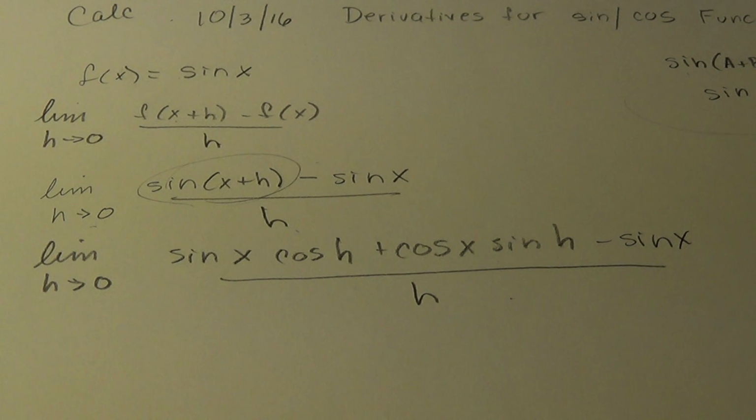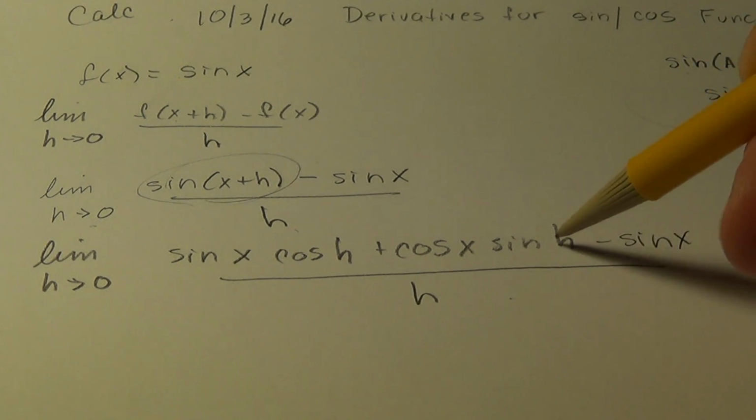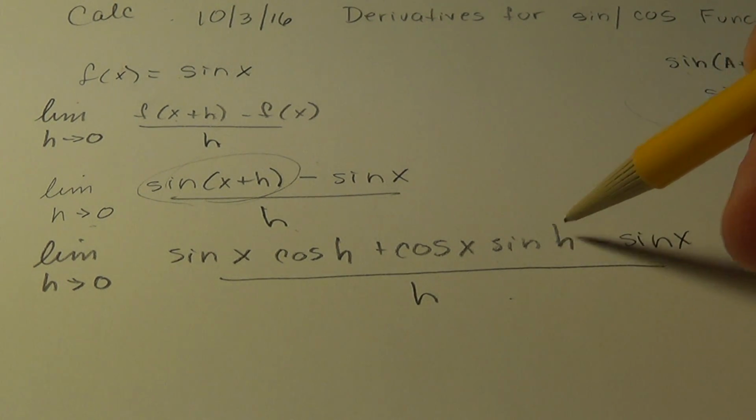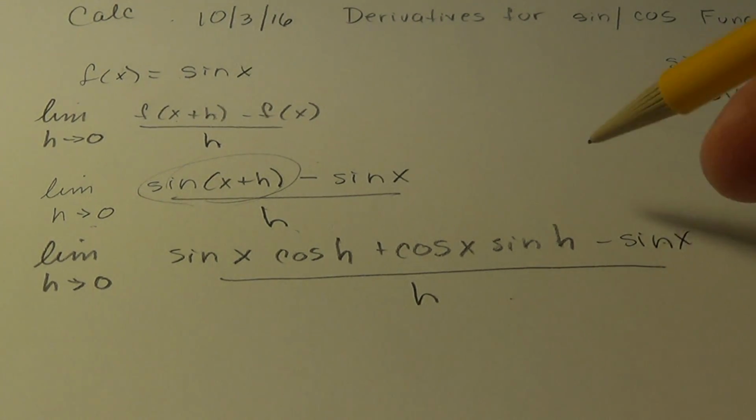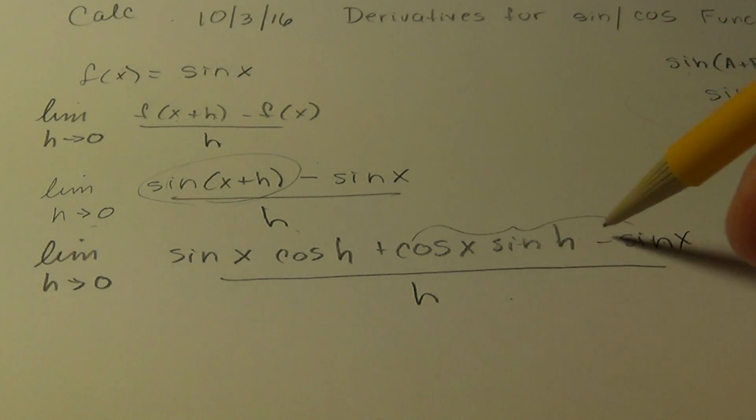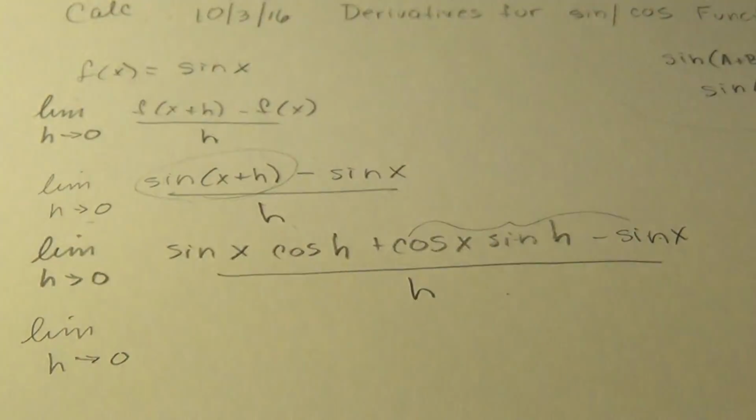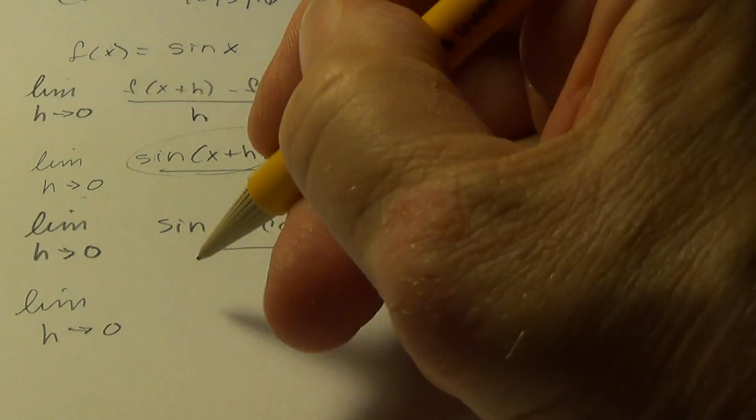Alright, so let's group some of these together. How shall I do that? Let's take out a sine x out of this and this. I'm going to remove a sine x from these two terms. And I think you might see where it's going to go from there if you don't already.